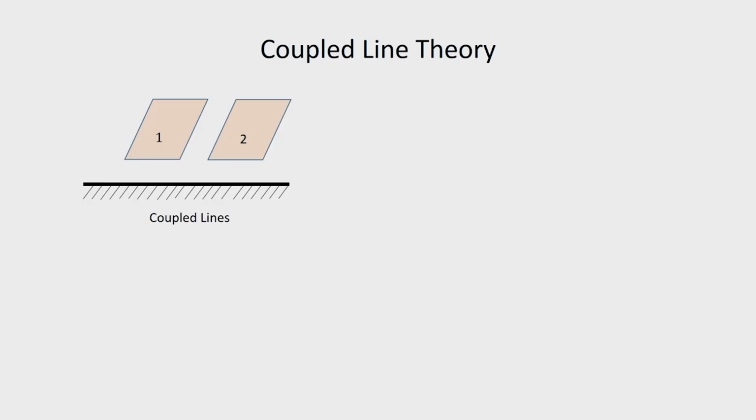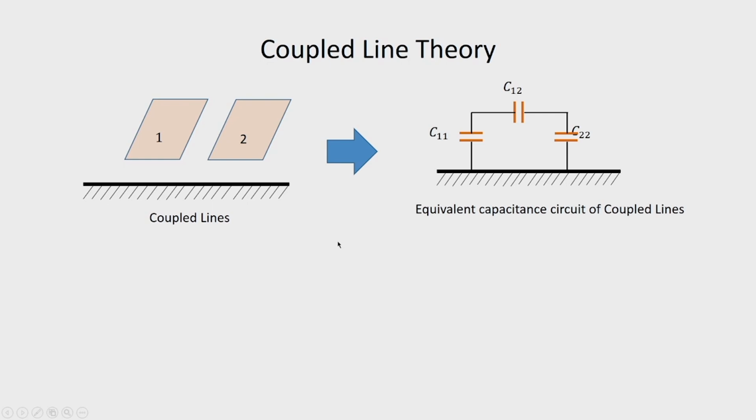Now, this type of coupled lines can be theoretically analyzed considering the models as shown. So, here we have the two conductors marked 1 and 2, and then we have the substrate and then the ground.